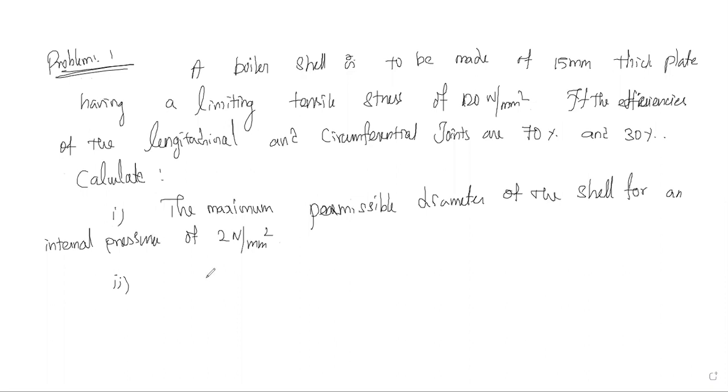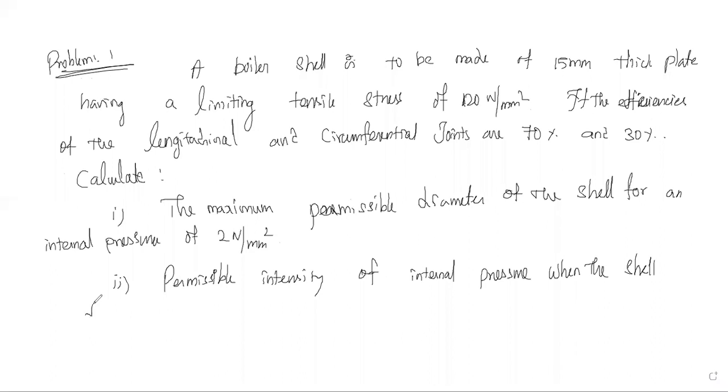Second one, permissible intensity of internal pressure when the shell diameter is 1.5 meter. So we have to do 2 times in this problem.